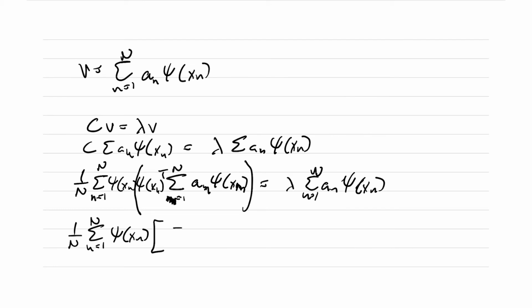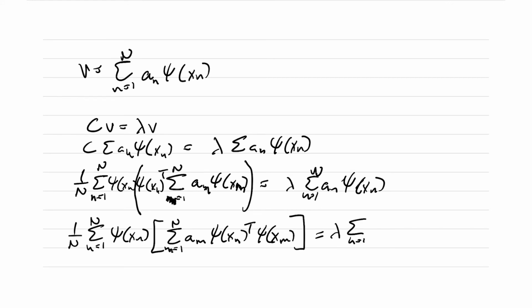So we have the sum of n equals 1, m equals 1 to capital N of a_m times psi of x_n transpose times psi of x_m, right? And this is equal to lambda times the sum n equals 1 to capital N of a_n psi of x_n, right?